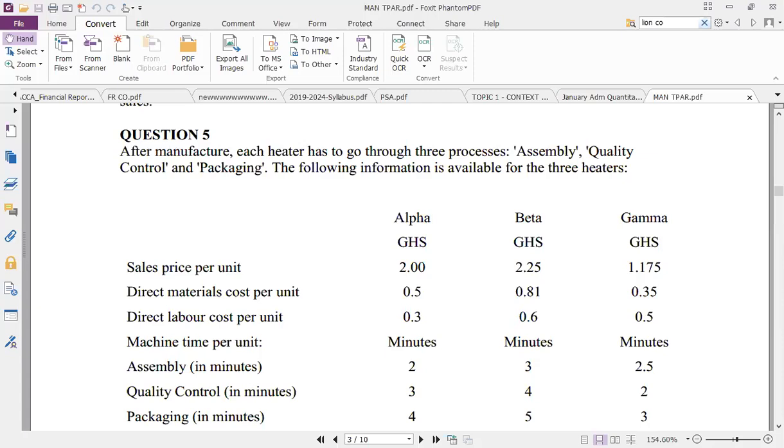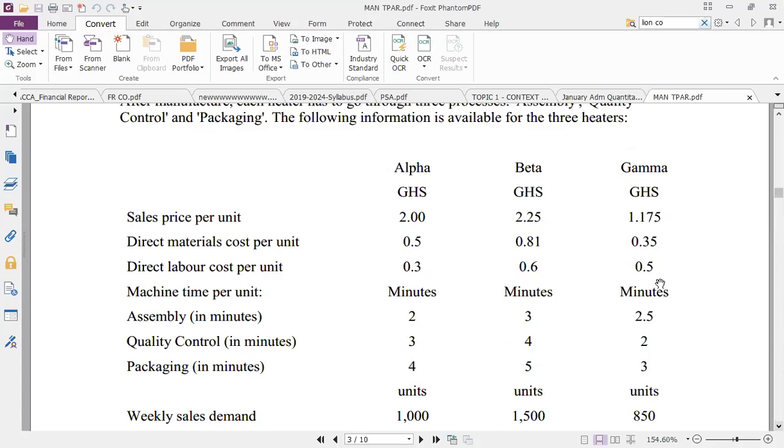Then you see machine time. So it means that if they want to produce a unit of alpha, the assemble time is 2 minutes. So the alpha goes through 2 minutes in the assemble department, and then 3 minutes in quality control for testing purposes.